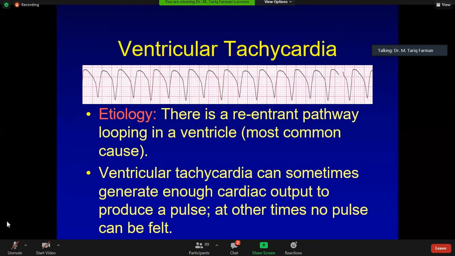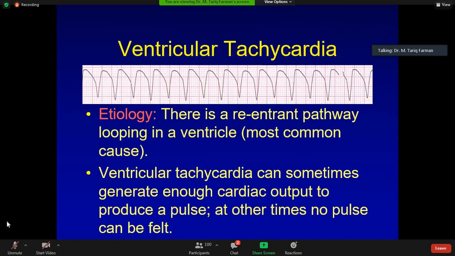But if the patient is unstable in any tachyarrhythmia, if there is hemodynamic instability, if you don't feel any pulse, if there is no BP, if the patient is unconscious, then you have to show the urgency, the emergency, and you need to give the electrical current to the patient.